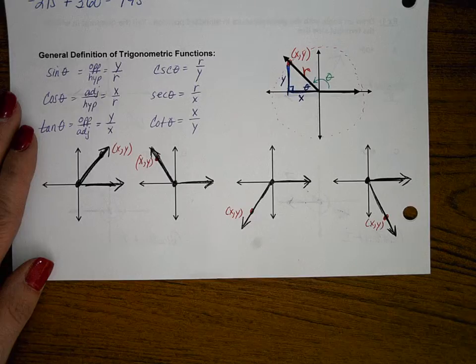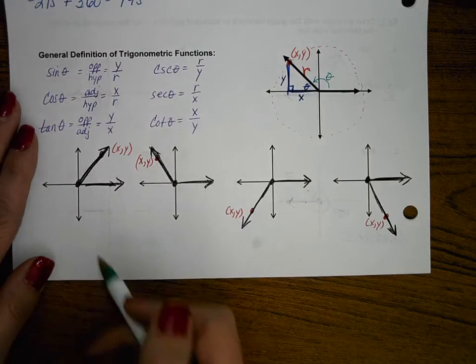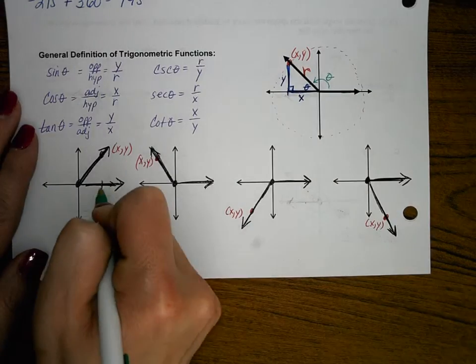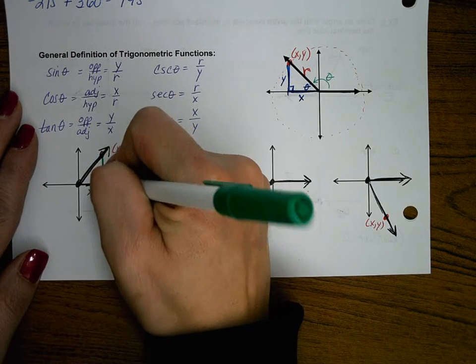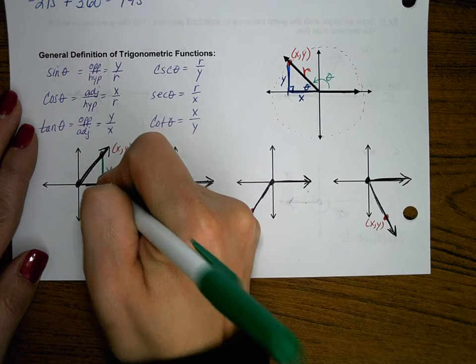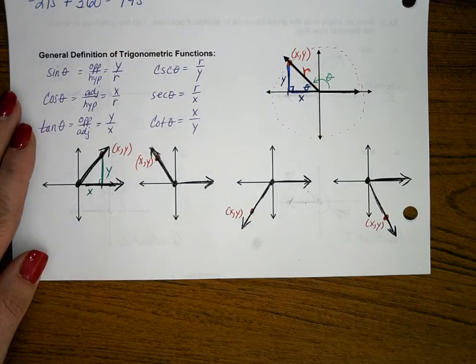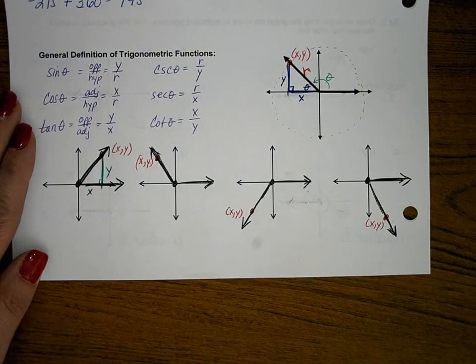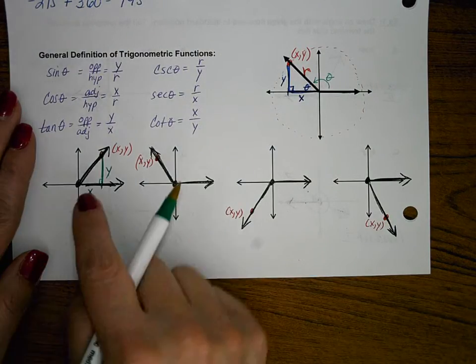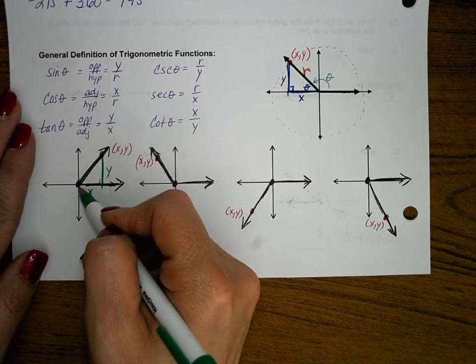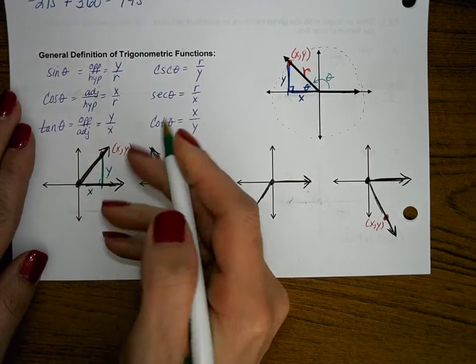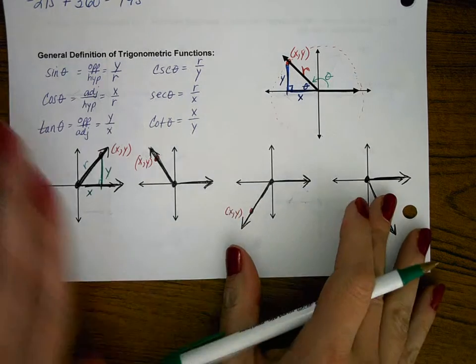Right 5, up 7. So that means I go to the right x and I go up y. Okay? And what do we call this distance from 0, 0 to our point? R.